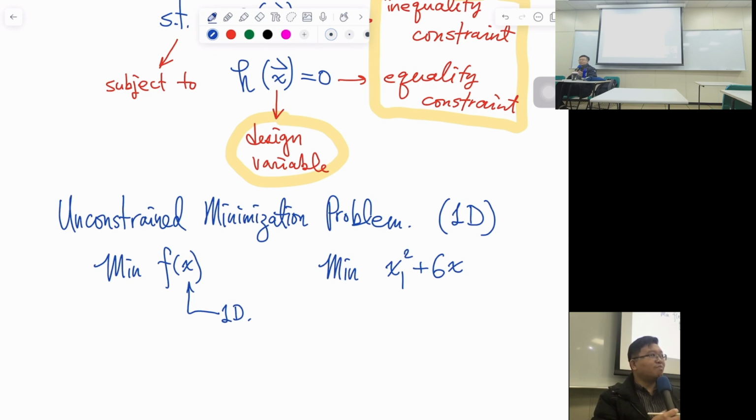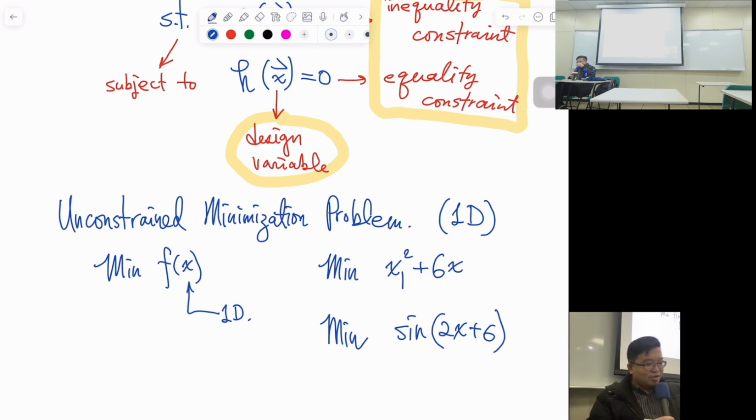The solution can be found very easily. But if you are solving a different problem like this, it's harder to know what's the position that gives you the smallest function value. You need to do some math.